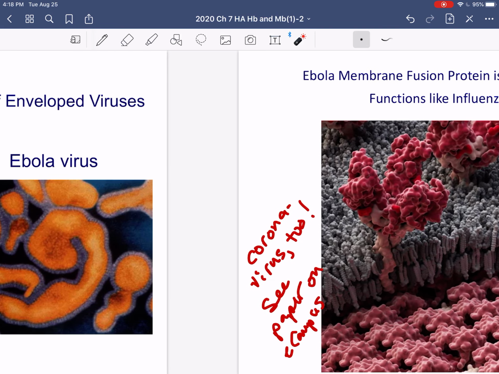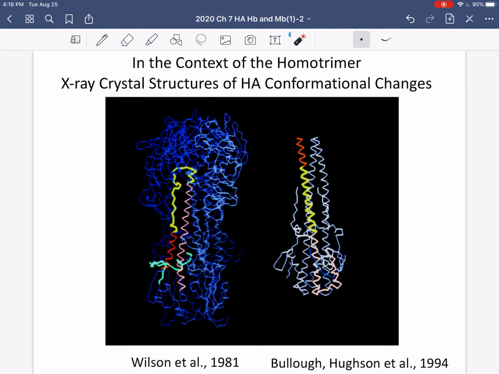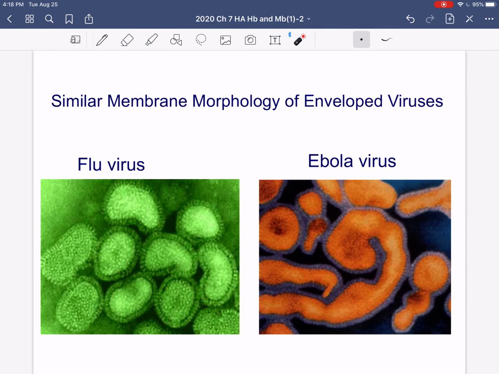And I didn't show it, but basically, if you take this molecule and turn it on its side, you're pinning the two membranes together and allowing those membranes to fuse. Okay, so there are not only similarities in the morphology of the flu virus, the Ebola virus, and the coronavirus, which you've seen lots of pictures of.